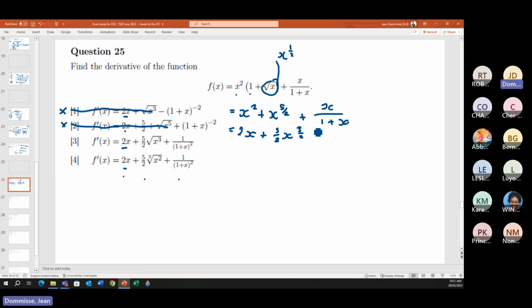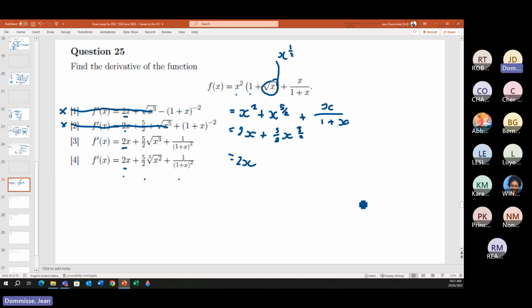Okay, another way to write this so that we get to what these two are. So that was another way to write it.